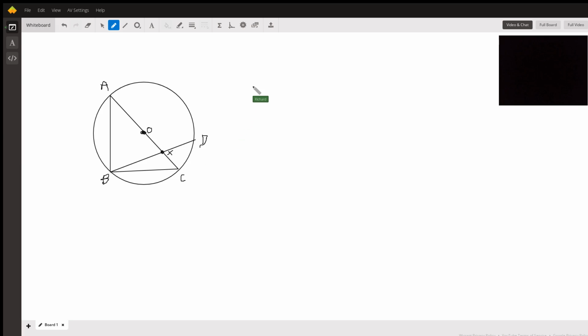Okay, so there are three parts, and we'll do each part of the question in a different color. Let me change colors. Start with purple. The first part of the question is, what's the measure of angle ABC?